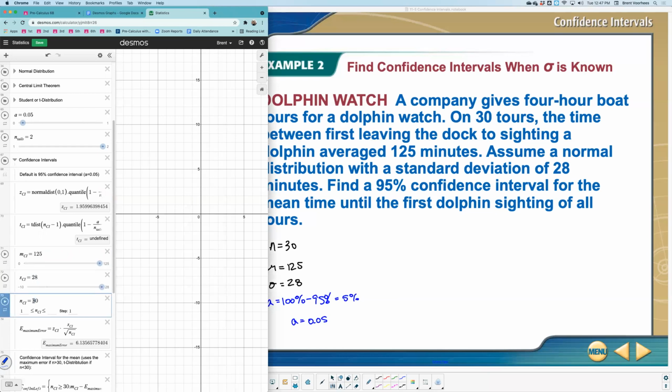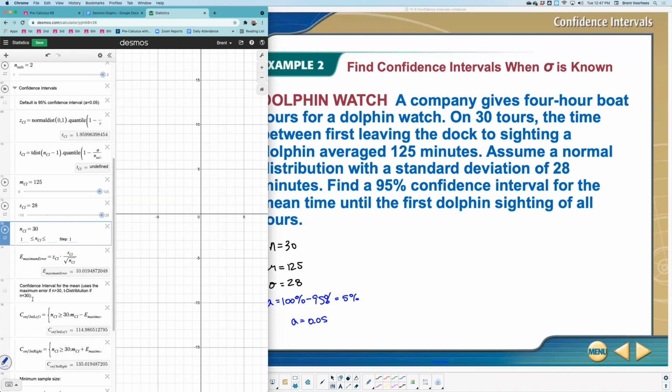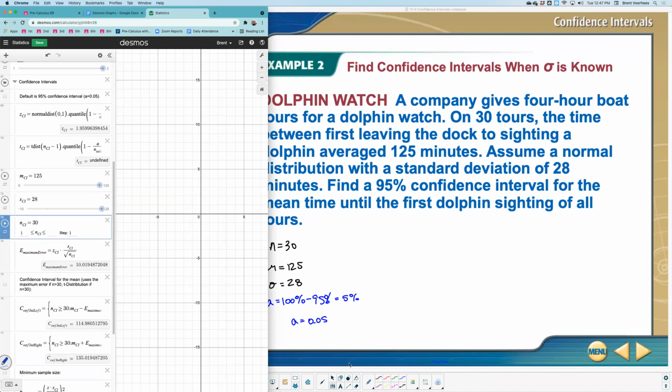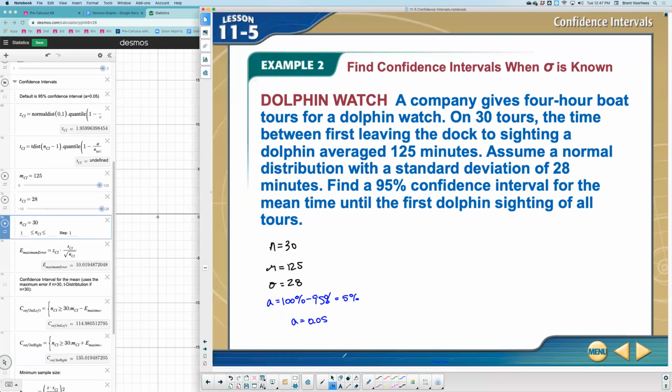We have 30 samples. So my maximum error is basically 10.02 minutes, which puts our confidence interval. You would subtract and add that 10.02, and that's what's calculated right here.